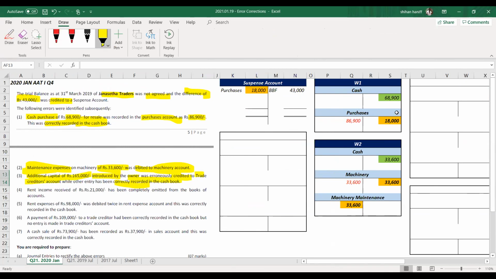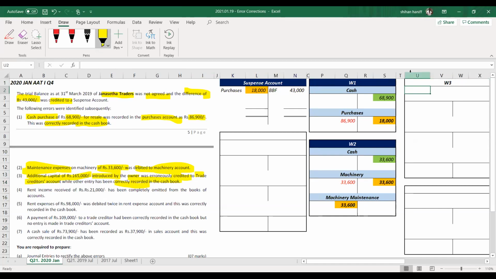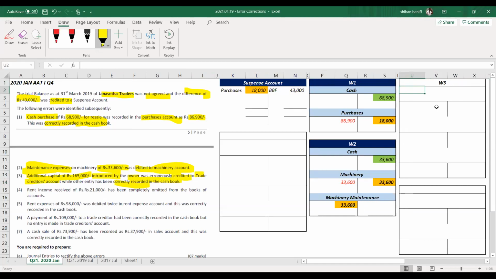So working number 3. Additional capital double entry should be cash account and capital account. Cash debit, capital account credit.